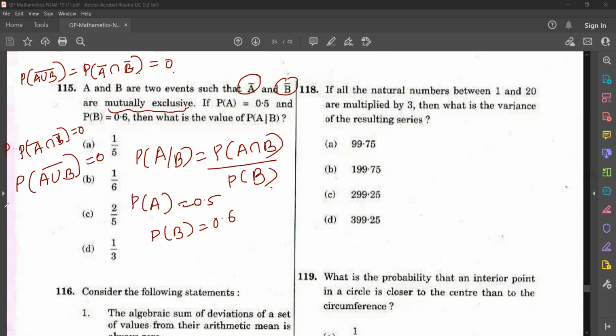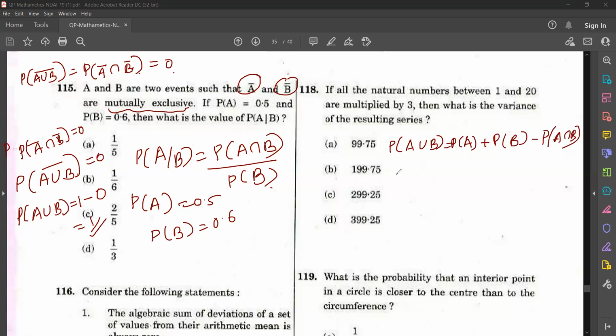Okay, so what is P of A union B? P of A union B, that is 1 minus P of A union B the whole complement. So that is 1 minus 0. So P of A union B you got as 1. Now we have a formula. P of A union B is equal to P of A plus P of B minus P of A intersection B. So that is 1 equal to P of A is 0.5, P of B is 0.6 minus P of A intersection B, which we have to find.